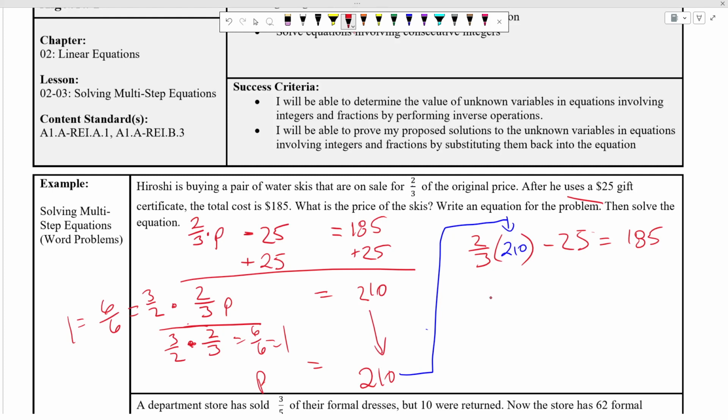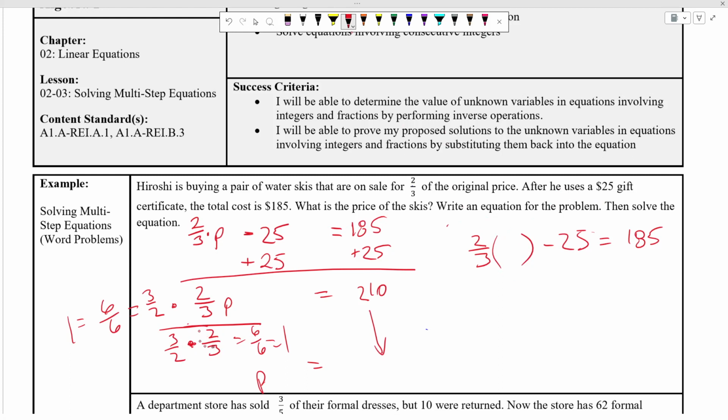Oh, I'm sorry, wait a minute. Am I messing up here? No, I'm right. Wait a minute, something's not right here. Where did I go wrong? Oh, wait a minute. I apologize, guys. In my conversation about the reciprocal and all that, I sort of lost track and sight of that.